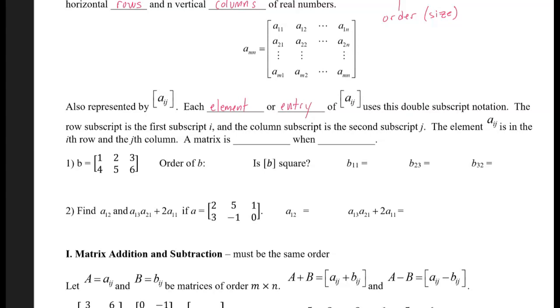It's worded very complexly, but the first subscript number is your row number, and the second subscript number is your column number. So that's the i here. The i is the row, and the j is the column. And a matrix is said to be square when m is equal to n.